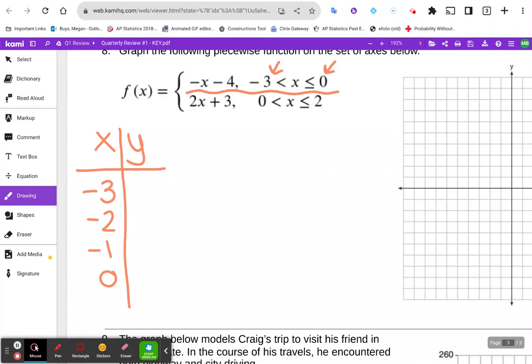So when x is negative 3, y was negative 1. At negative 2, y was also negative 2. At negative 1, y was negative 3. And at 0, we'd be at negative 4.